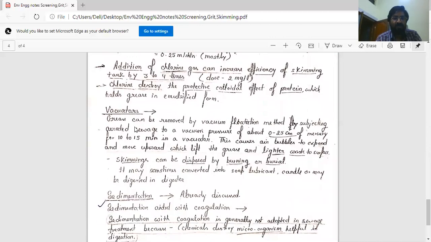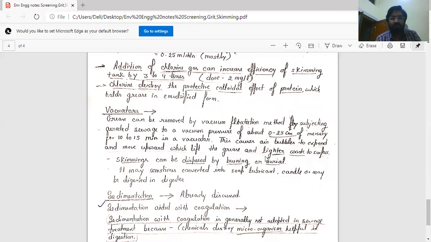Vacuators. Grease can be removed by vacuum flotation method by subjecting aerated sewage to a vacuum pressure of about 0 to 25 centimeter of mercury for 10 to 15 minutes in a vacuator.